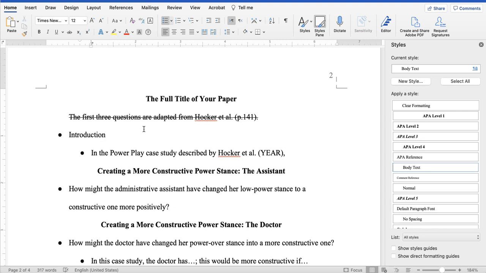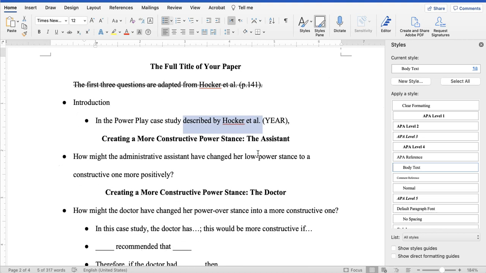And if you do something like that, make sure to fill in the year, and make sure that you add this specific reference to your references section, because after all, if you cite it, you should reference it, and vice versa. Once you have done that, you don't need to write out described by Hocker et al. or parentheses Hocker et al. year for referring to the case study. The instructor has made that clear. You just need to make sure that you clarify what you're referring to, like, oh, in this case study. That's enough after you've done this introduction here.